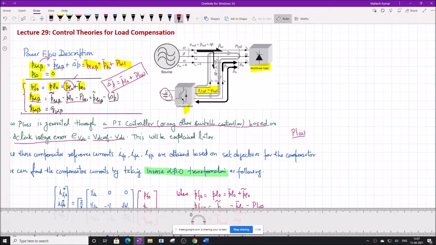It is compared with VDC ref, and the difference is termed the error in the voltage, EVDC. This error is passed through a PI controller to generate the P loss. I will discuss this point in the coming lectures. Right now, simply understand that the generation of P loss happens through some controller, and this helps to maintain the DC link voltage constant to ensure that the inverter operates faithfully under all conditions.